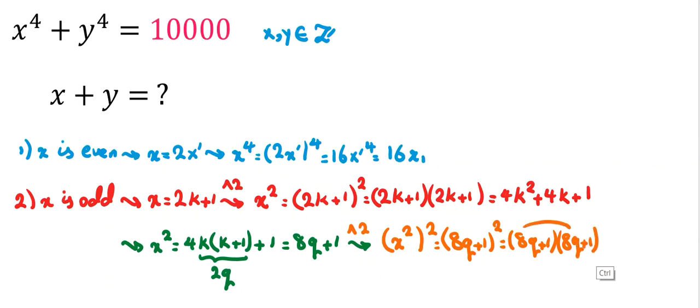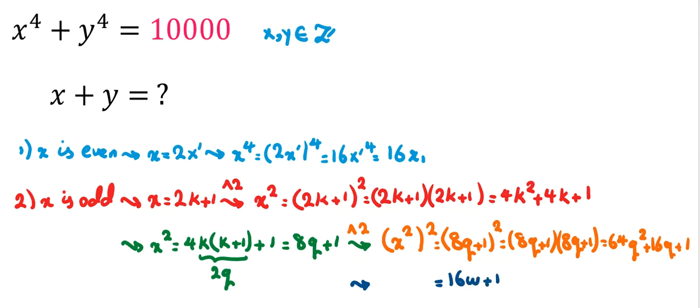If you multiply 8q times 8q, it will be 64q squared; 8q times 1, twice, gives 8q plus 8q, 16q; plus 1 times 1, plus 16q plus 1. In the next step, we can say this is a multiple of 16 plus 1. You can say it is equal to 16w plus 1.